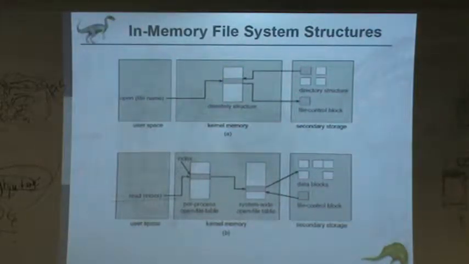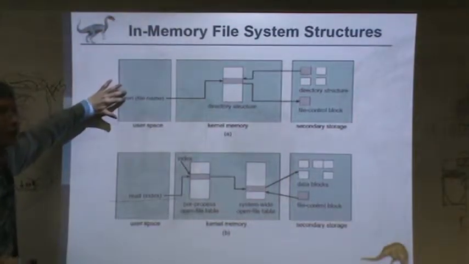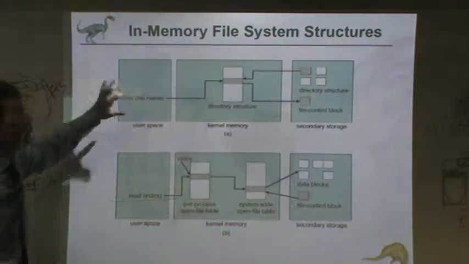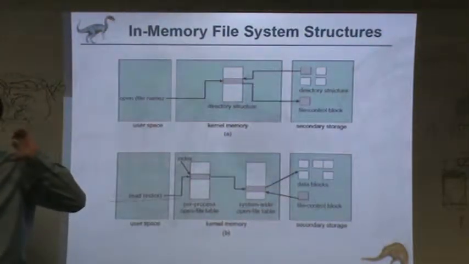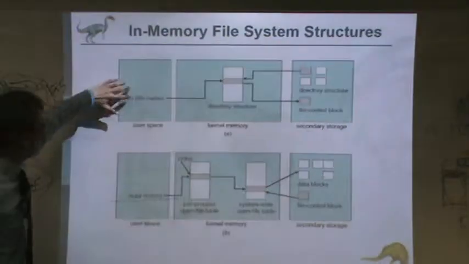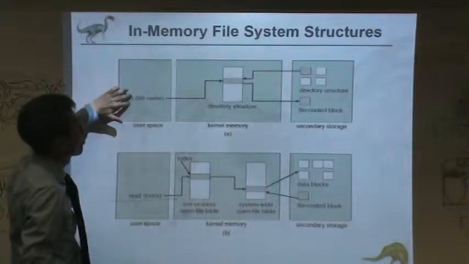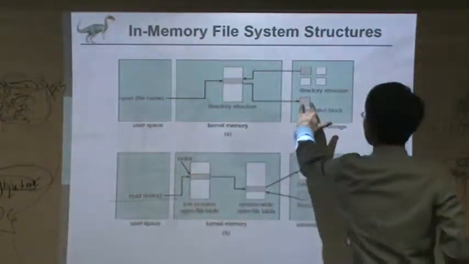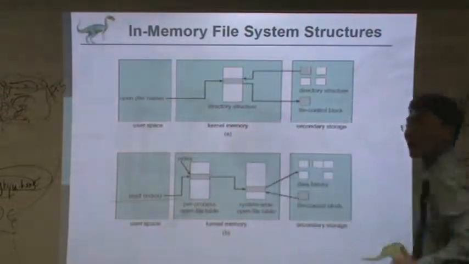Okay. So this is your file system. When a process opens the file, okay, then at that time it will specify open, which is a system call. Using the open system call, this file control block will be copied.